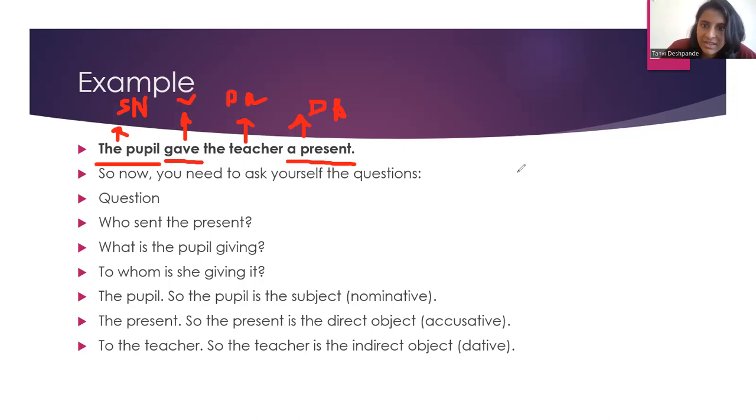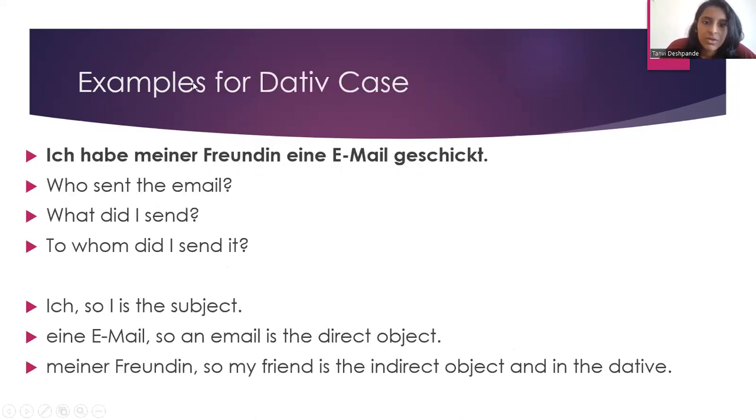Let's see another example in German. Ich habe meiner Freundin eine E-Mail geschickt. Now, we'll break this sentence down. So ich is the subject over here, I hope everyone will agree.